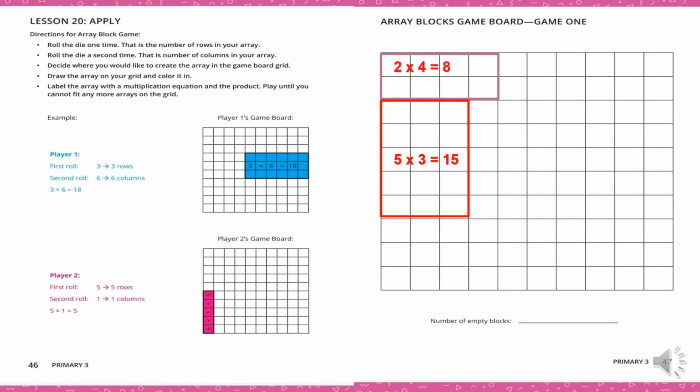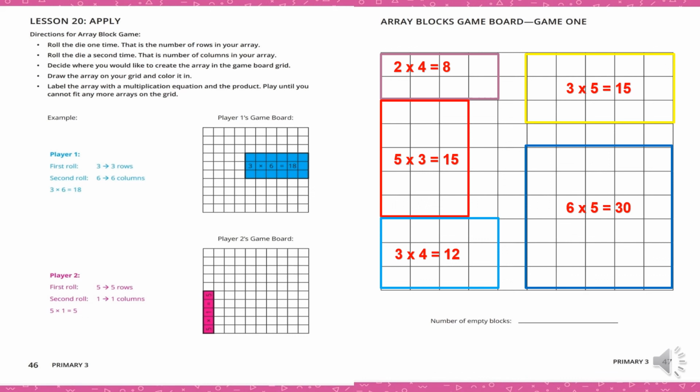The total number will be 15. 3 times 5, it means 3 rows and 5 columns equals 15 also. 3 times 4, it means 3 rows and 4 columns equals 12. Here, 6 times 5, 6 rows and 5 columns equals 30.